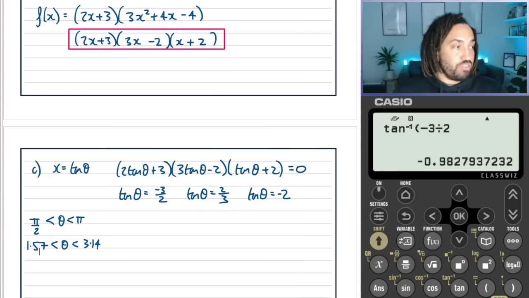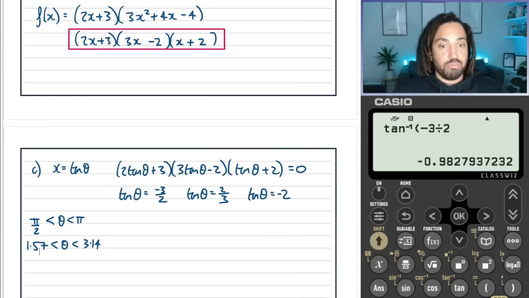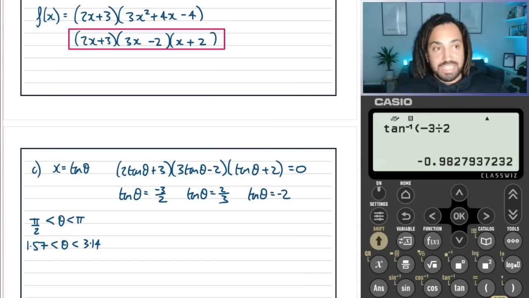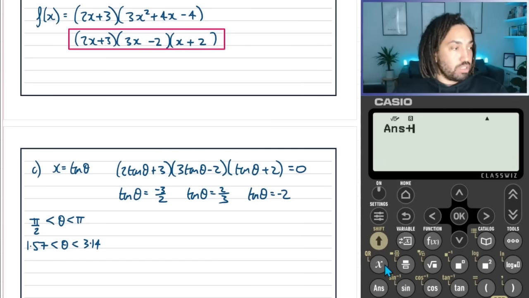Okay, so this first answer is no good, but of course with tan we can always add pi to our solution.